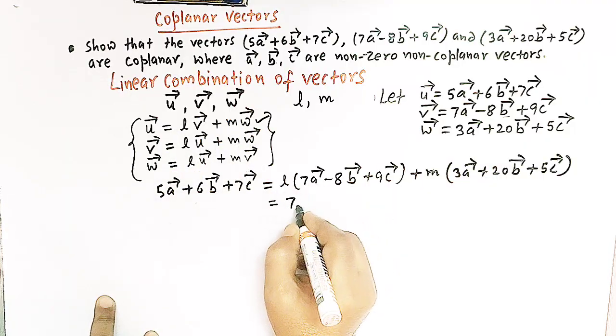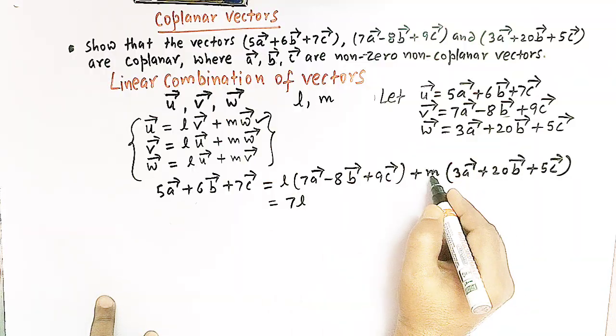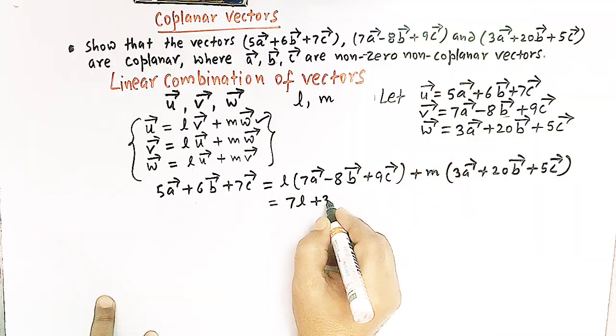We have 7L, and from here we have 3M, right?